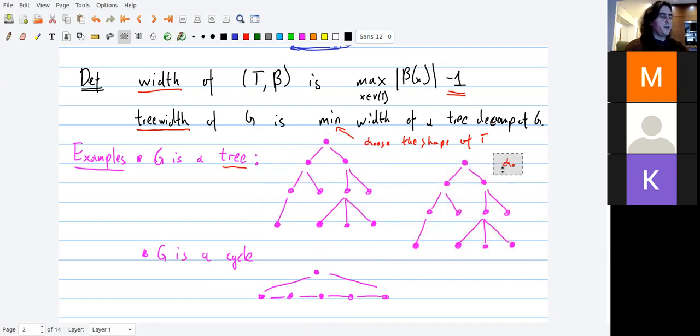Here I just copied this tree because I will be using the same tree in order to embed the original tree in. So I have now the graph G, which is here, and I would like to find a tree decomposition of this graph. It will be called T. Maybe I will make it of a different color, maybe blue.